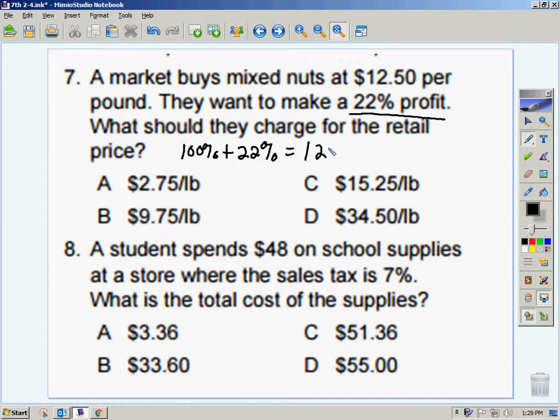In other words, I'm now going to charge 122% of what it cost me. So I'm taking $12.50 times 1.22. If I take $12.50 times 1.22, I'm going to find out that it should be charging $15.25 per pound.